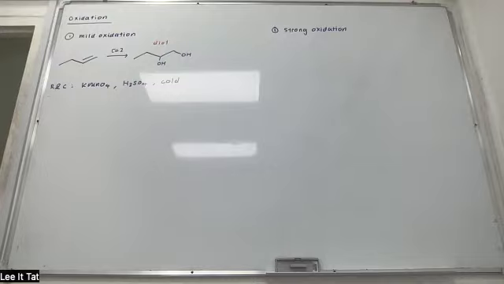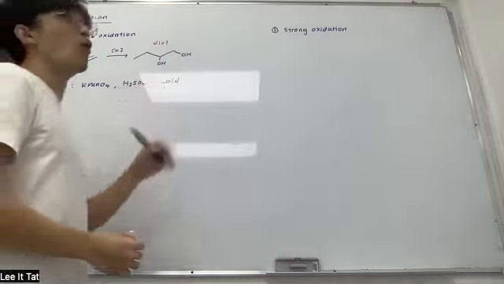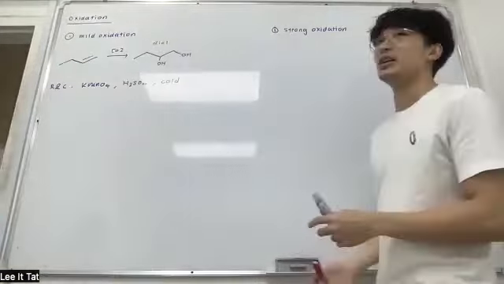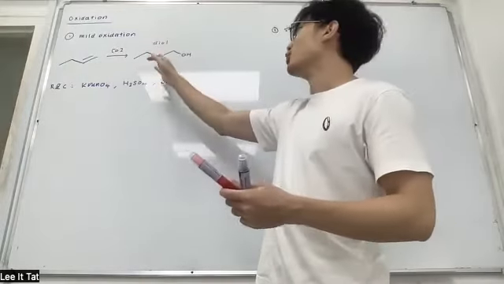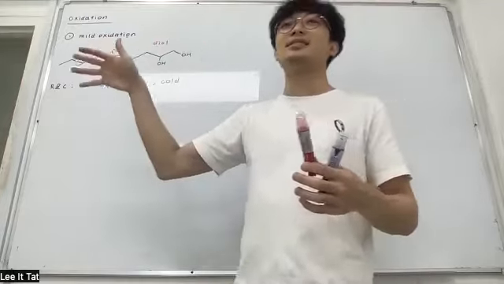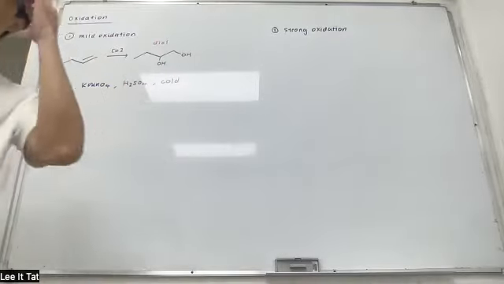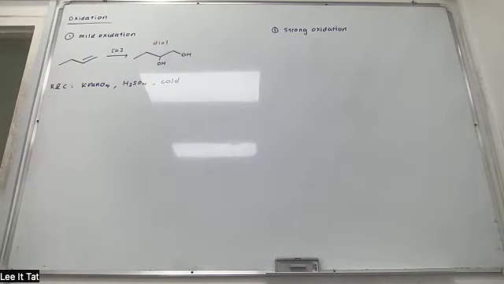Now, I want you to notice, can you see why cold is mild oxidation? Can you see what's happening here? You're adding the OH onto both carbons, right? But at the same time, what else is happening? What bond is broken? Is it the double bond, meaning the whole thing? But what exactly is the bond that's broken here?